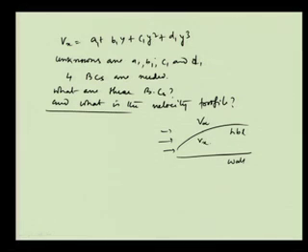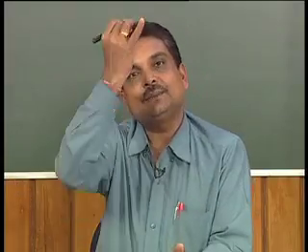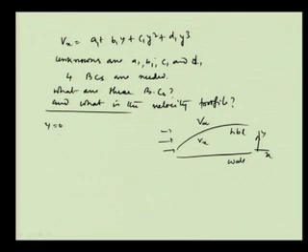So, what will be the boundary conditions? This is y and this is x. At y equal to 0, because we have to find out with respect to y, not with respect to x, since V is a function of y. We are not considering V as a function of x. So, at y equal to 0, Vx will be equal to 0. That is the no slip condition.